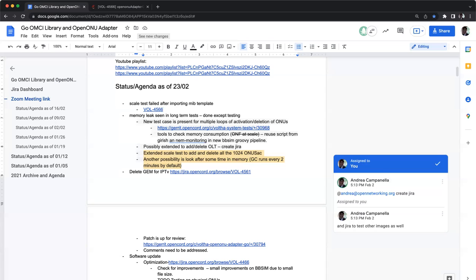Let me be clear that it only appears with 4,000 ONUs, not the 1,000 that we were doing before. And I also looked briefly at the Jira, and you were saying that you don't have the debug information log, right? Yeah, but actually we will not get this debug information log.